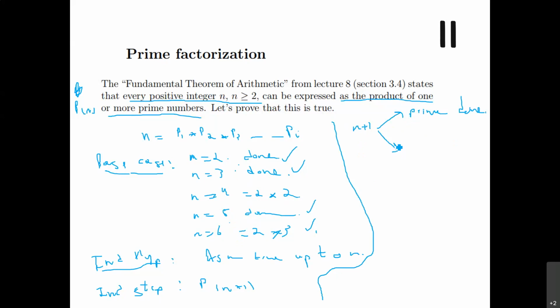Otherwise, what does it mean that it's not prime? Then it has to be divisible by something, right? It has to be a composite. Well, since n plus 1 is a composite, then n plus 1 is going to equal a times b for some a and b that are less than n plus 1 and greater than or equal to 2.